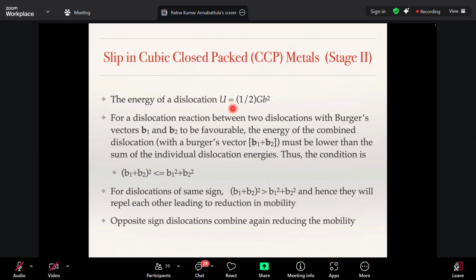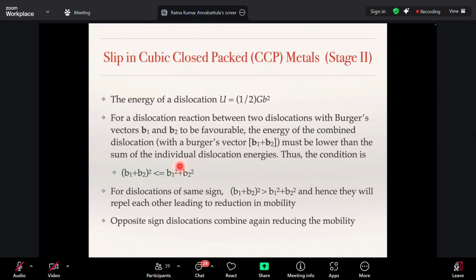The energy of a dislocation is given by 1/2 G B square. G is a material property, a constant, so U is proportional to B square. Meaning, if one dislocation has Burgers vector B1, its energy is B1 square, and the second dislocation's is B2 square. So the sum total of these two energies is B1 square plus B2 square.